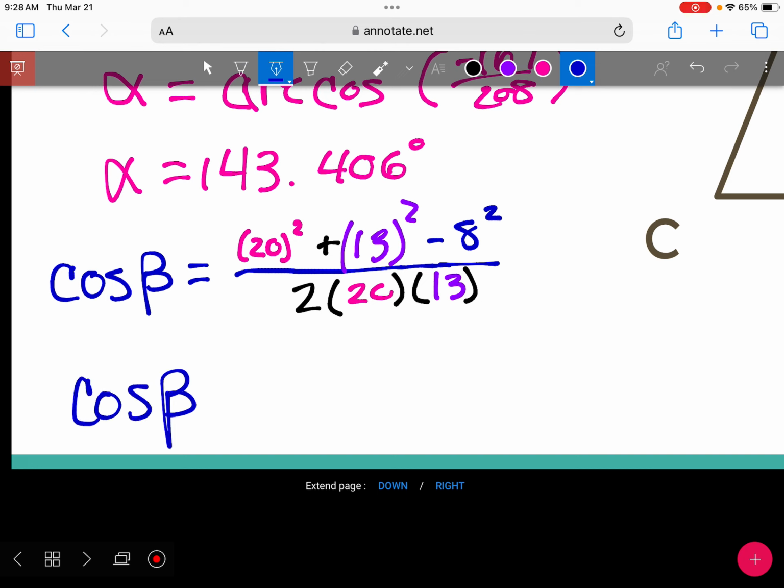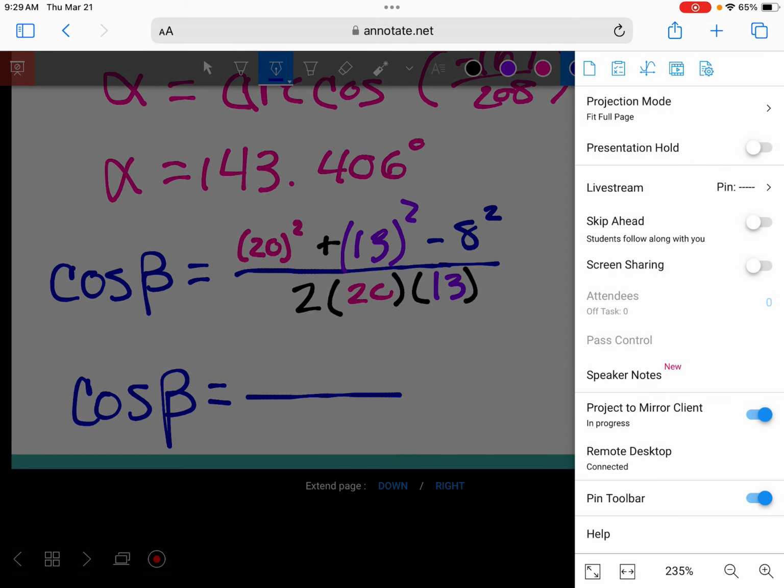So we're going to wind up with our cosine of beta being a fraction. Let me do it on the calculator up here.